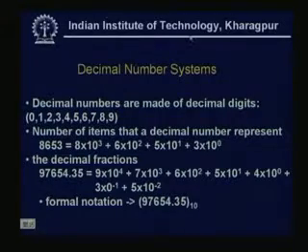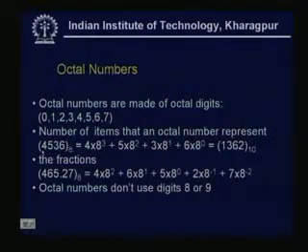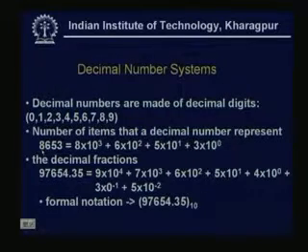Now consider the number of items that a decimal number represents, say the decimal number 8653. This gives the positional value. 3 is in the place of the unit, 5 is in the 10th position, 6 is in the 100th position, and 8 is in the 1000th position.